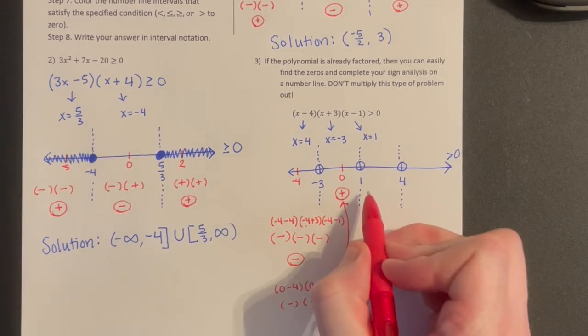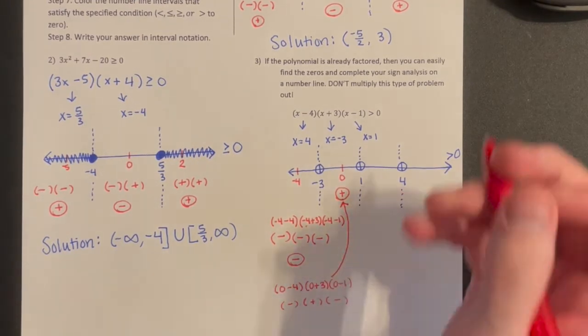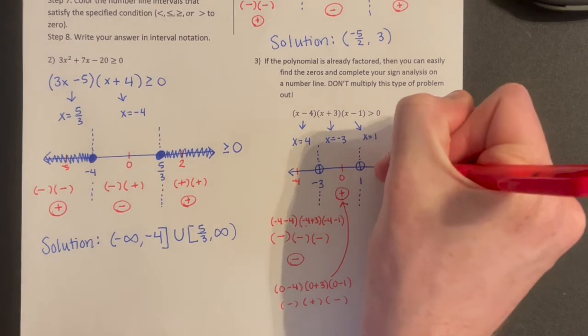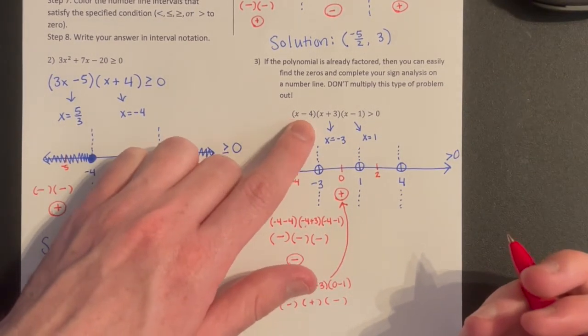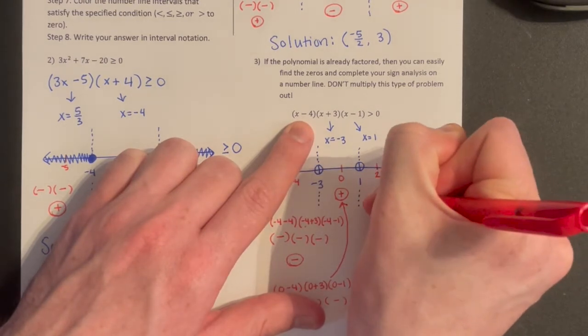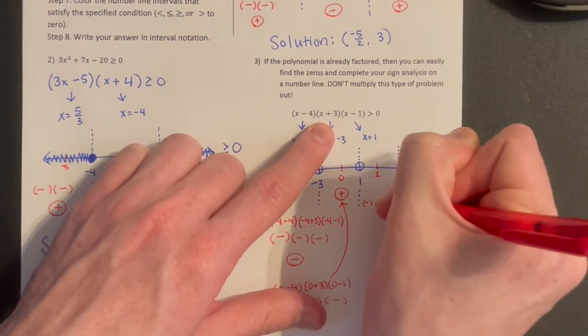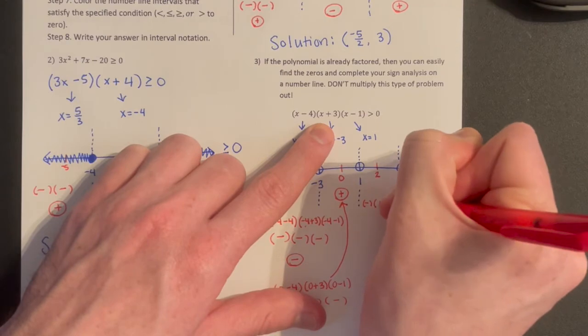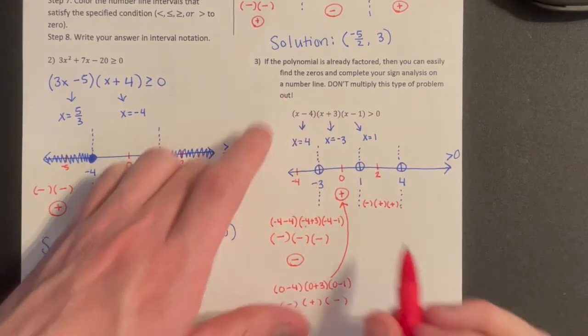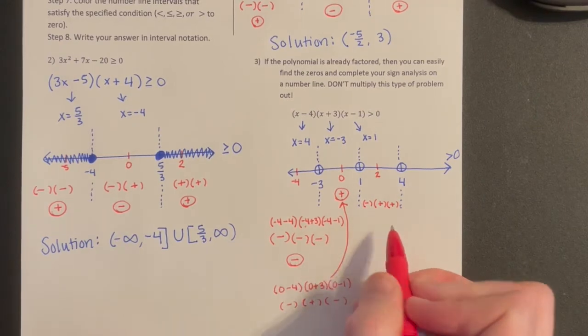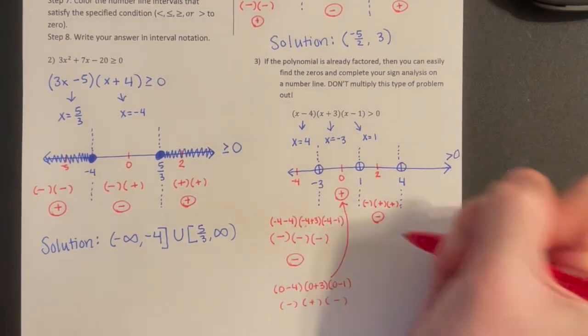All right, the section between 1 and 4, we could have picked something like 2. If I plug 2 in, I get 2 minus 4 is negative. 2 plus 3 is positive. 2 minus 1 is still positive. So a negative times a positive is negative.